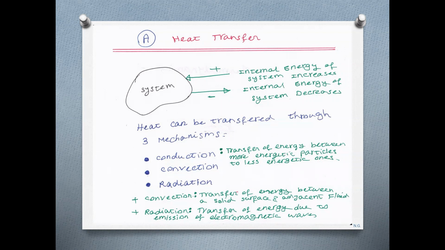The heat can be transferred to or from a system through 3 mechanisms, or methods: conduction, convection, and radiation. Because we previously talked about the energy balance equation.